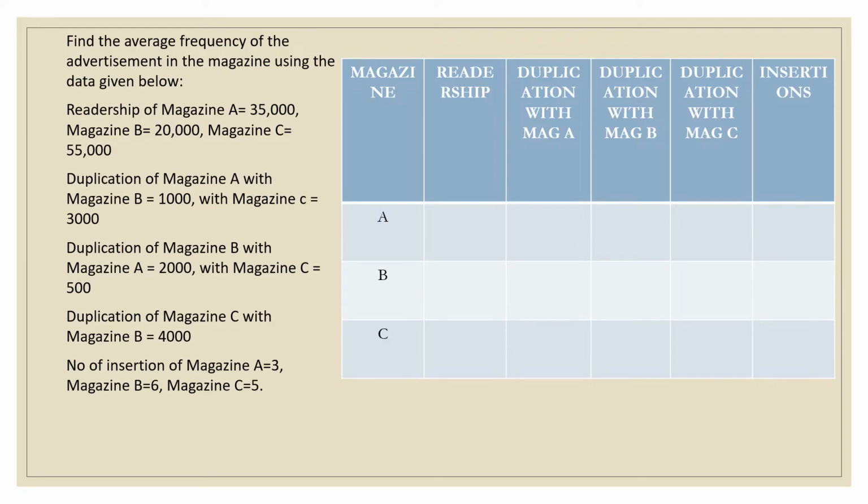So we have the first column which says magazine, then readership, duplication with magazine A, duplication with magazine B, duplication with magazine C, and insertions. All these are already in your question. We've just put them in tabular form. In our rows, we have magazine A, magazine B, and magazine C.